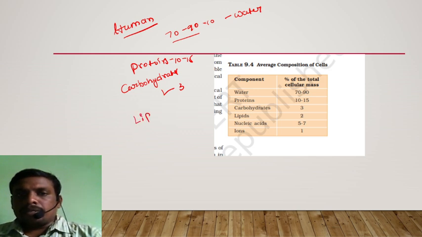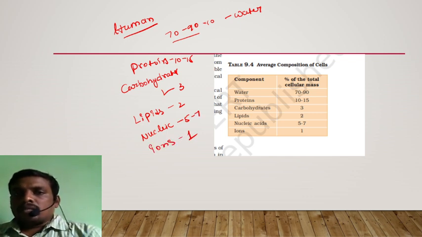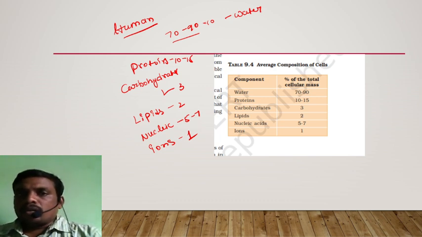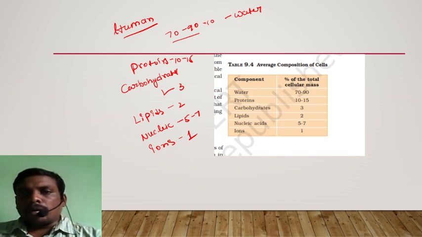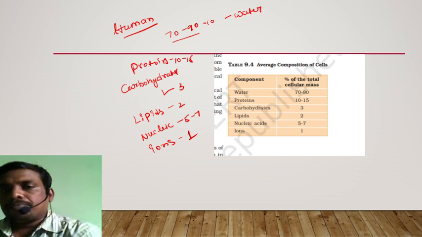Let us take the lipids, these are 2%. Nucleic acids like DNA and RNA, their percentage is 5 to 7. Ions, their percentage is 1. This is the chemical composition of the human body with different cellular content, biomacromolecules, etc.